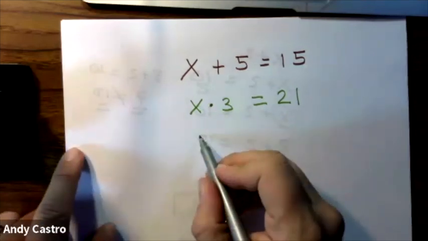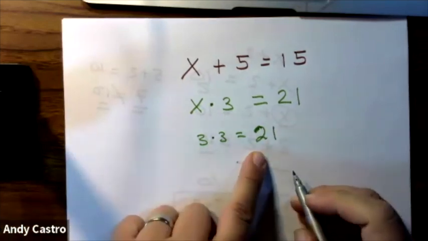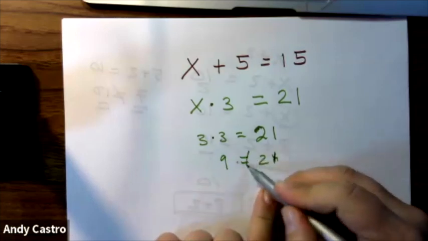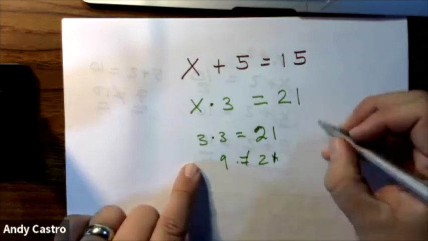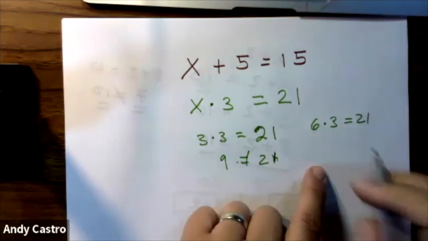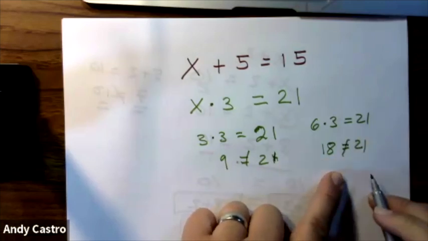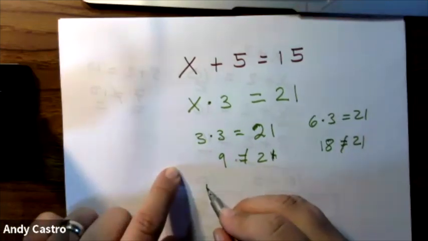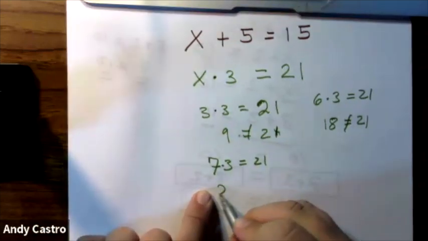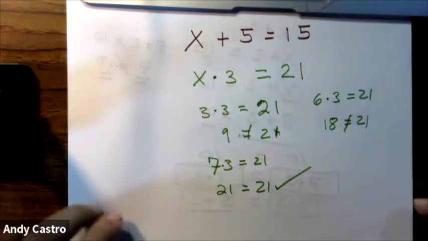So someone said 3. If we did 3 times 3, does that equal 21? 3 times 3 is 9. 9 does not equal 21. Someone else said 6. 6 times 3, does that equal 21? 6 times 3 is 18. 18 does not equal 21. Now, someone else said 7. 7 times 3, does that equal 21? 7 times 3 is, in fact, 21, and 21 is equal to 21, so we're good.